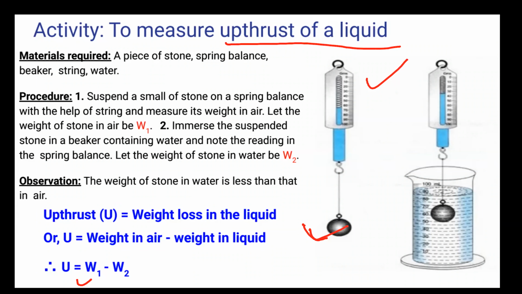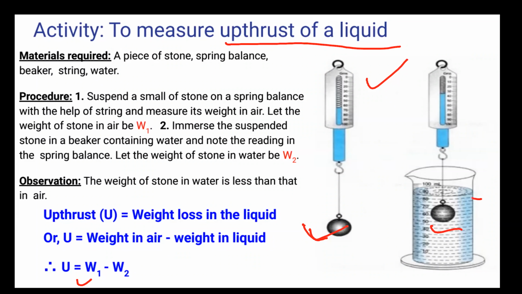That means when a body is immersed, either partially or wholly, inside the liquid, the body loses weight. It is because of the force that acts opposite to gravity. That force acts in the upward direction, and that force is upthrust.